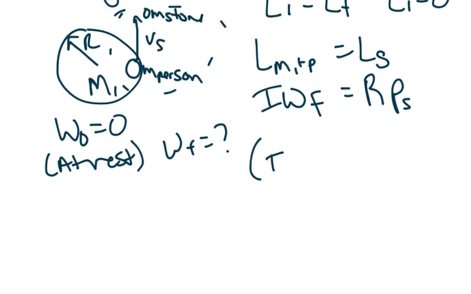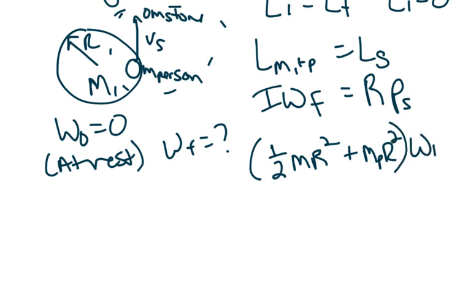So what you end up with is 1/2 m r squared, because that is the rotational inertia for the merry-go-round, plus the mass of the person times the person's radius squared, times the final angular velocity, and that's going to equal the radius of this merry-go-round times the mass of the stone times the velocity of the stone. Now this will make more sense as we go through and do the practice problems, okay?